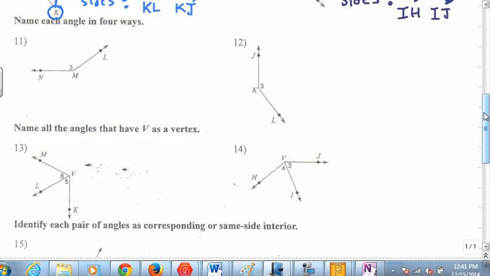Okay, we're going to name each angle in 4 ways. So I want to put a couple of notes here just to remind ourselves.